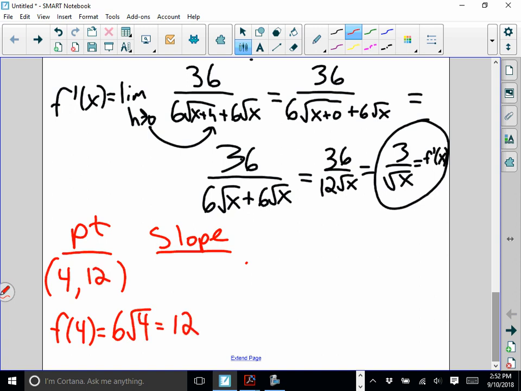Now to find the slope of our tangent line at x equals 4, we want to find out what is f prime of 4. Because we know that the slope of the tangent line is always related to the derivative. So we want to plug it into f prime. So we can see right up here, we have a nice simplified version of f prime of x. We have 3 over root x. Okay, so we want to plug in 4 for x.